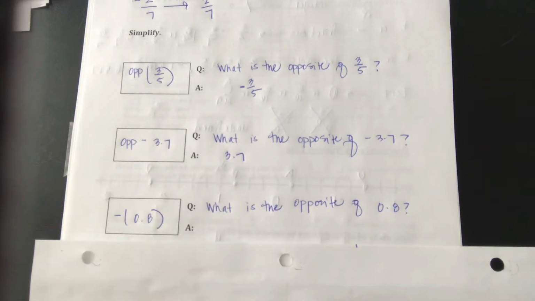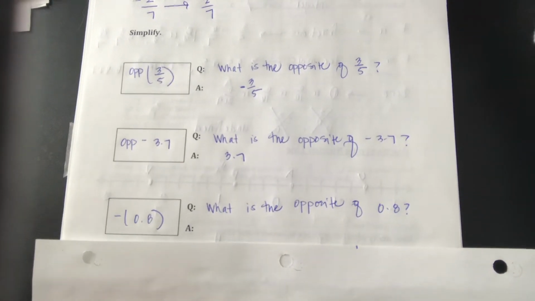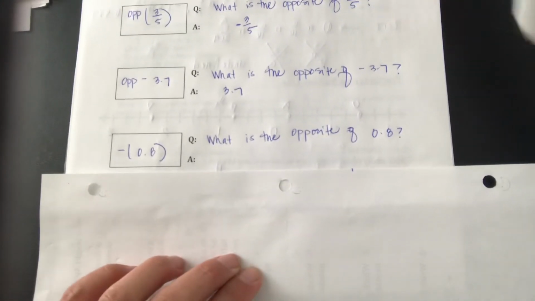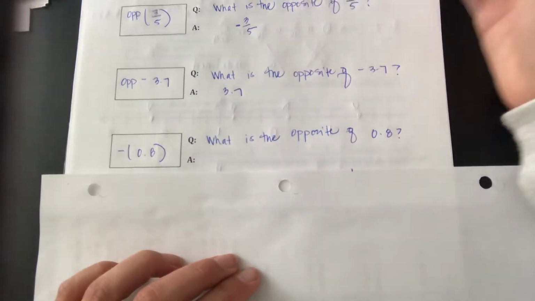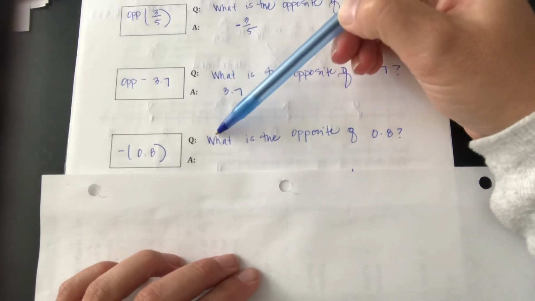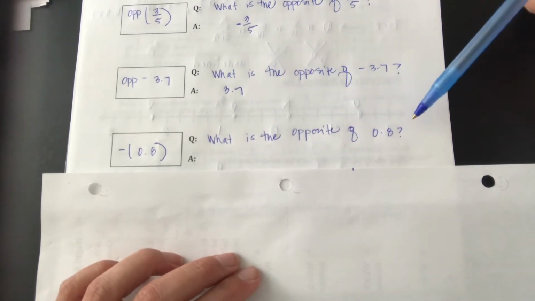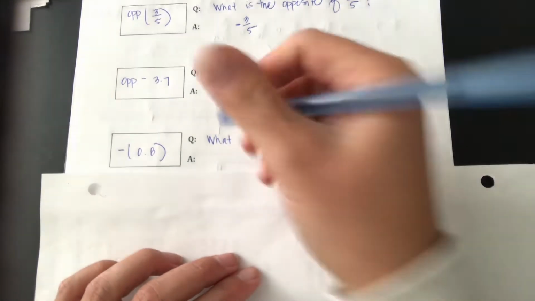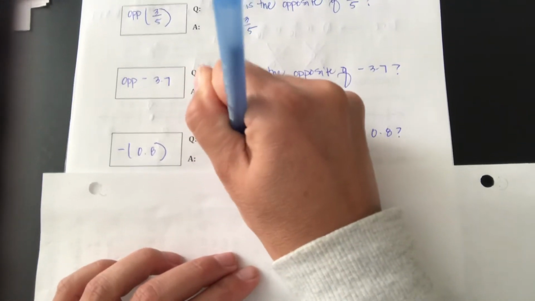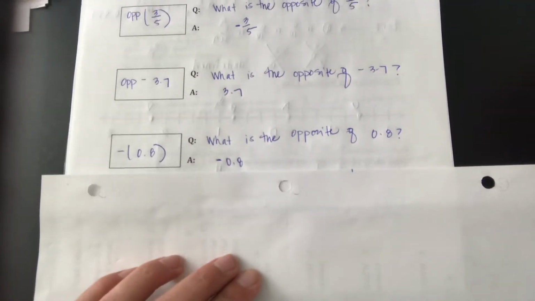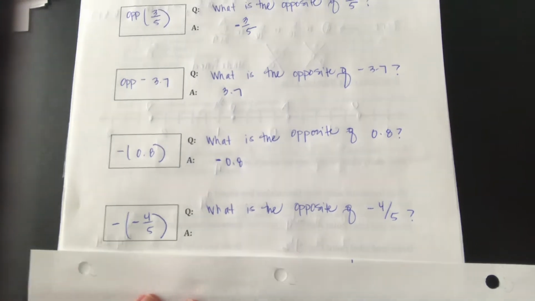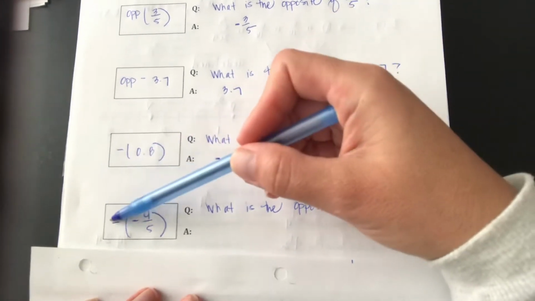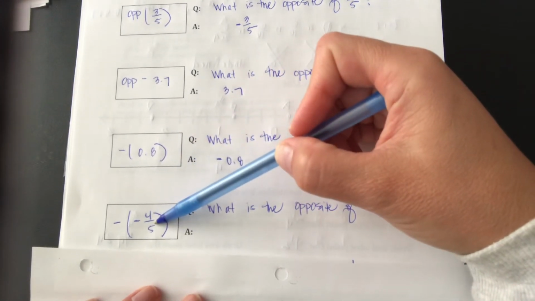Our next box says, what is the opposite of 0.8? Well, that's easy. It's just negative 0.8. And on the last box, it says, what is the opposite of negative 4/5?